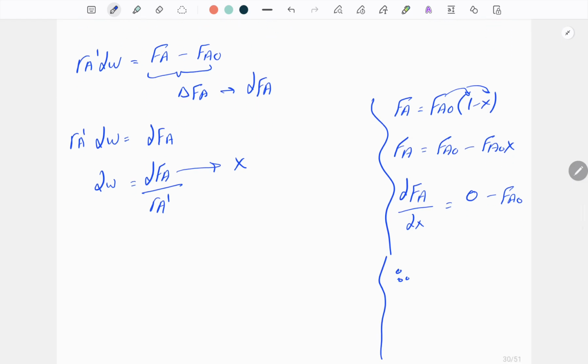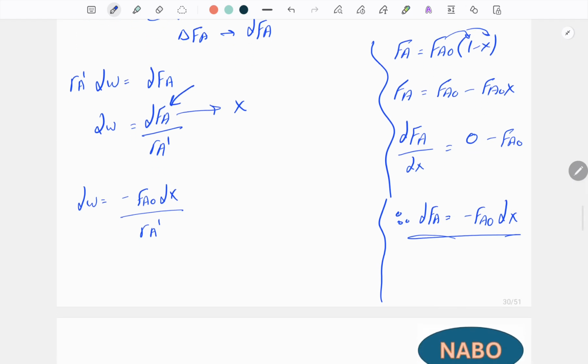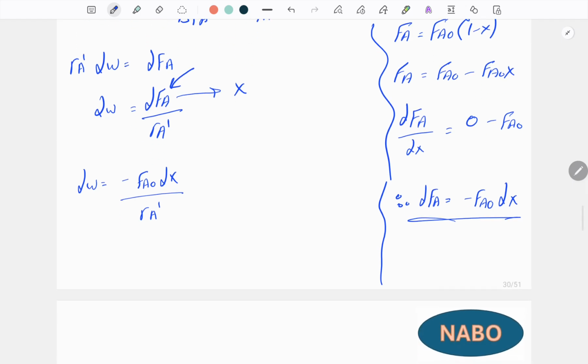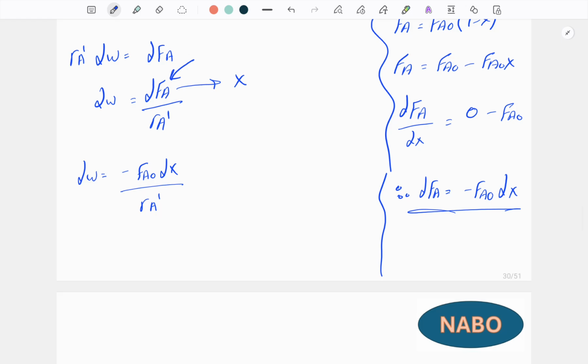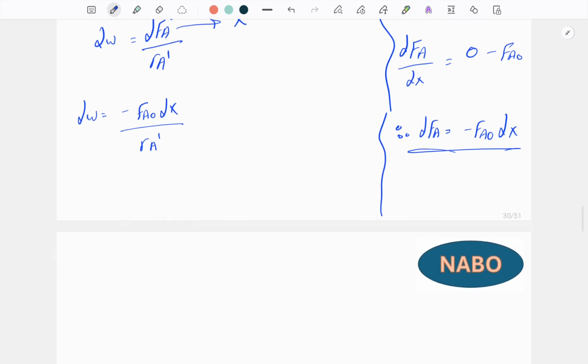Therefore dFA equals negative Fa naught dx. We can substitute this term here and we'll get dW equals negative Fa naught dx over Ra prime. Now our equation of dW is in terms of conversion instead of Fa.